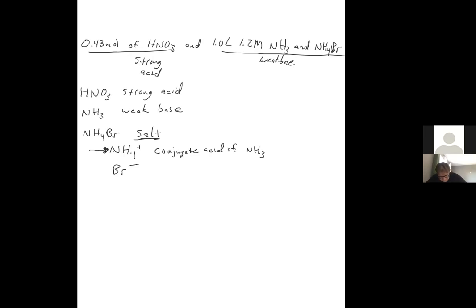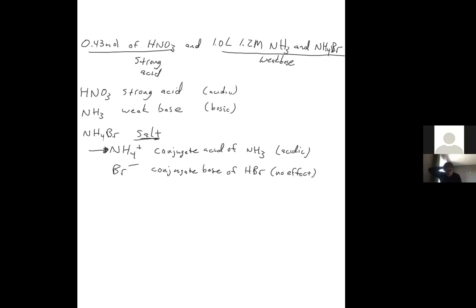Now, bromide is the conjugate base of HBr, right? So no effect on acidity. This one's going to be basic. I'm sorry, it's going to be acidic, right? It's coming from a weak base, so it's going to have an effect. Okay, now we know this one's basic. And we know this one's acidic.